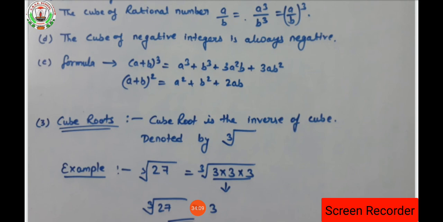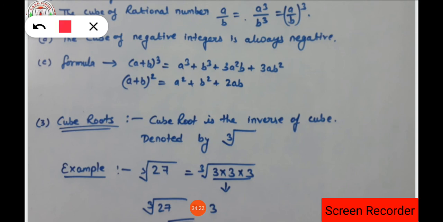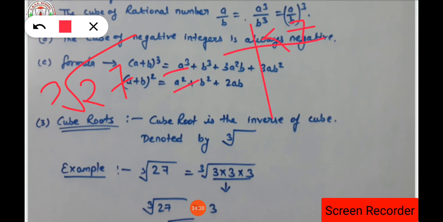So in finding the cube roots of numbers, always remember that we are going to make groups of three numbers. Suppose in the question it is asked to find the cube root of 27. So for the cube root of 27, we have to find its factors, isn't it?